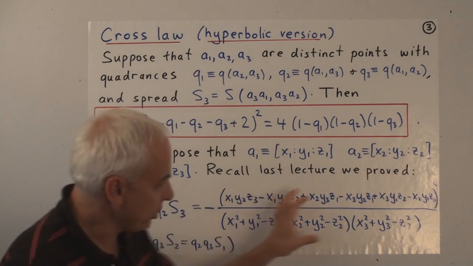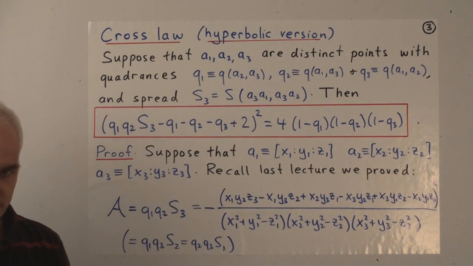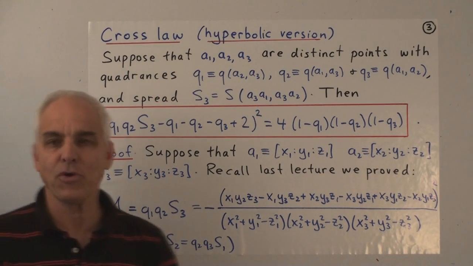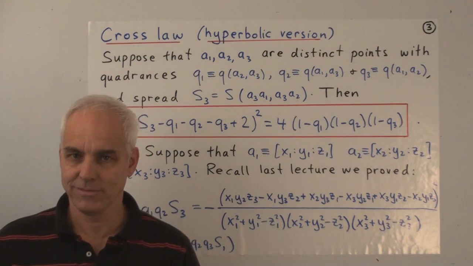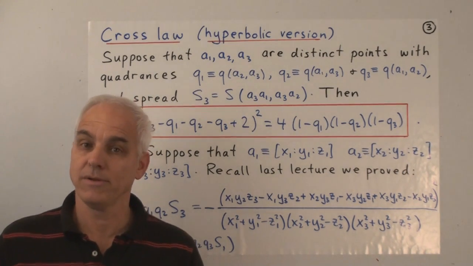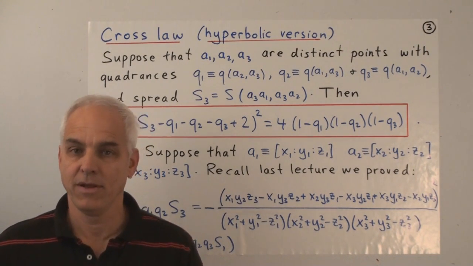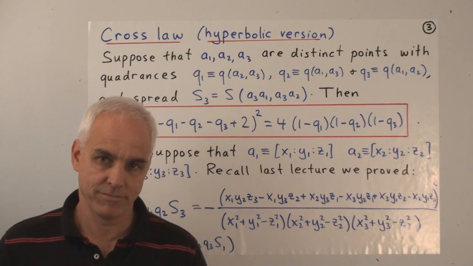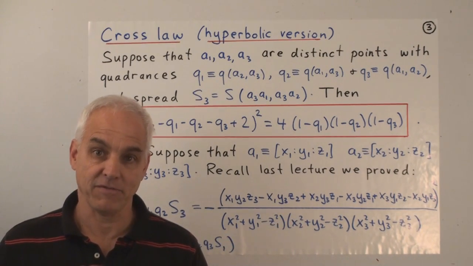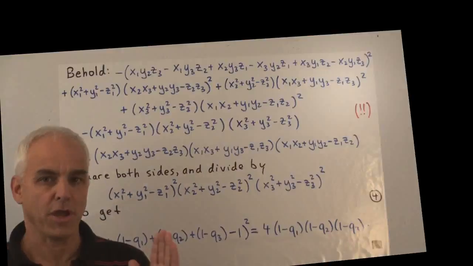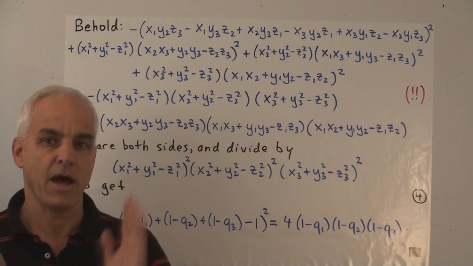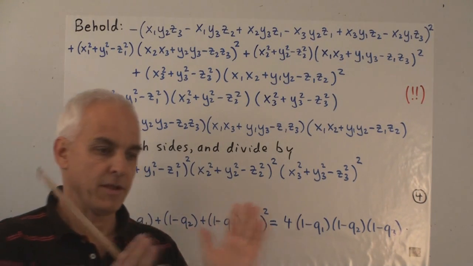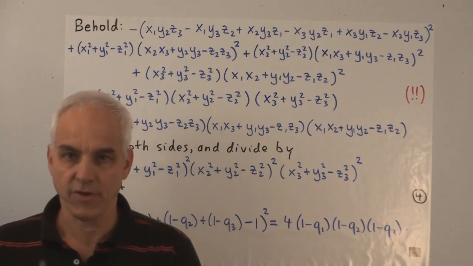Okay, so we're going to use this expression, but we're also going to use something else. We're going to use a remarkable and lovely formula that just drops down to us from the heavens. Here is this lovely formula. Okay, it's a polynomial identity. Left-hand side equals right-hand side.